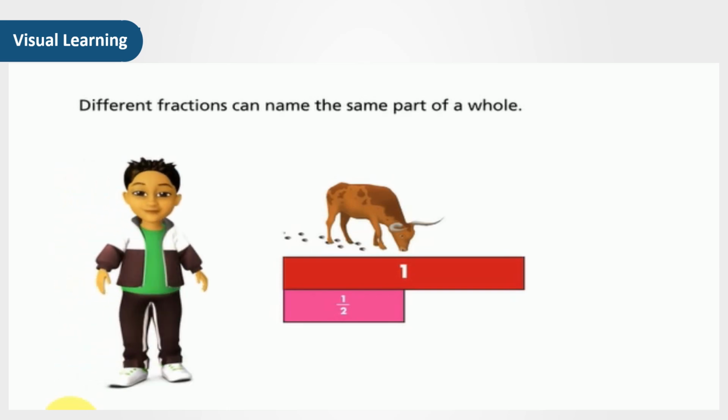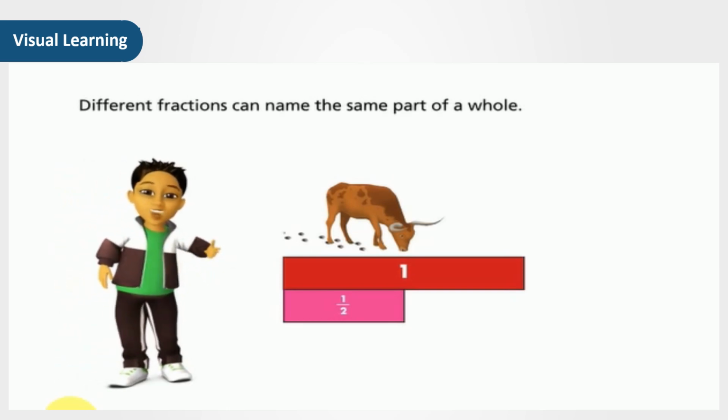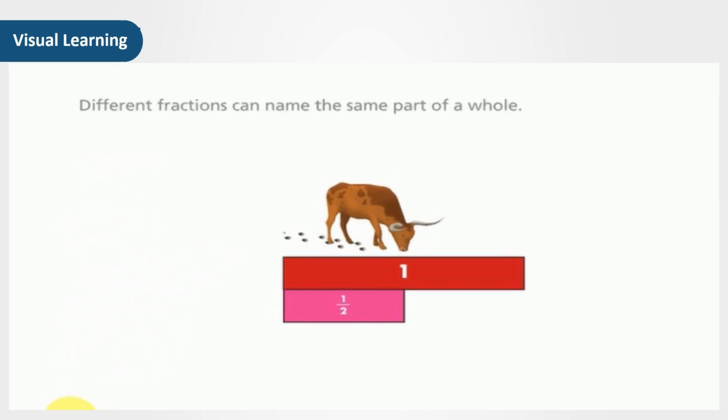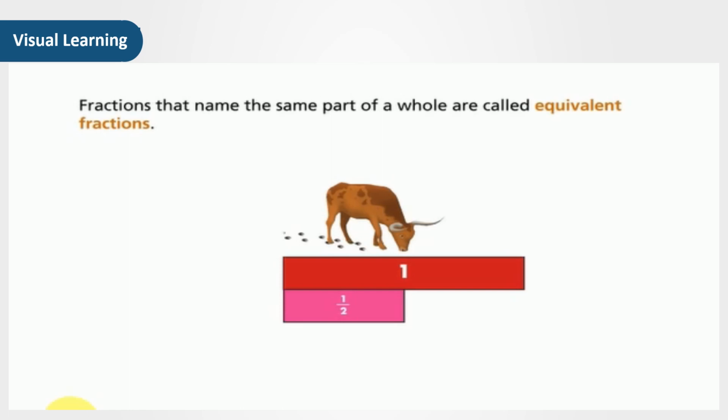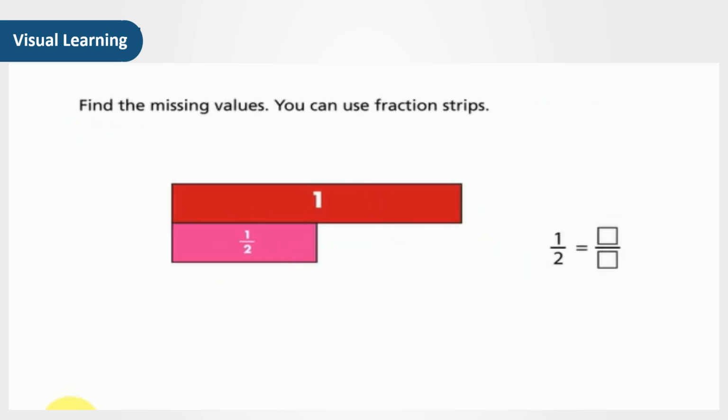Different fractions can name the same part of a whole. I know you can break a whole into lots of different parts. Fractions that name the same part of a whole are called equivalent fractions. Find the missing values.